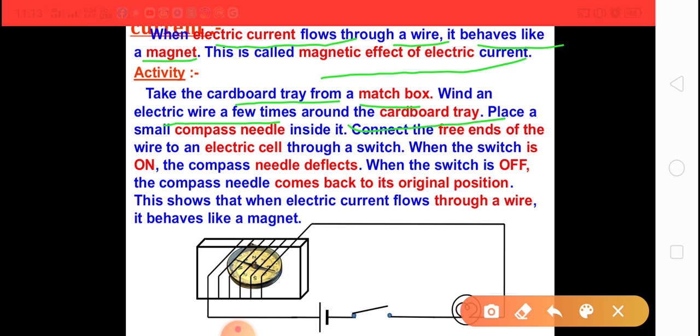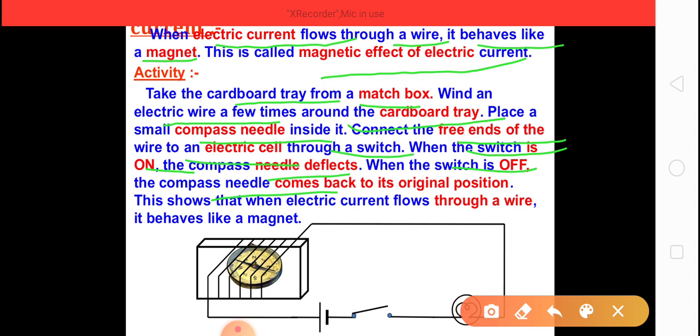After that, place a small compass needle inside it and connect the free ends of the wire to an electric cell. Okay, a switch we will also take. Then when the switch is on, the compass needle deflects, and when the switch is off, the compass needle comes back to its original position.